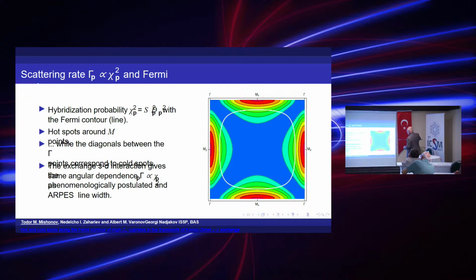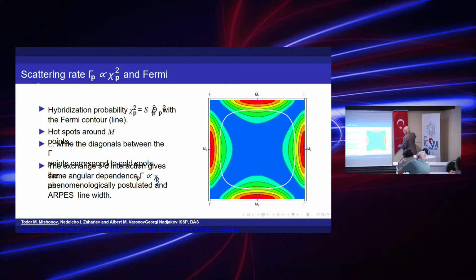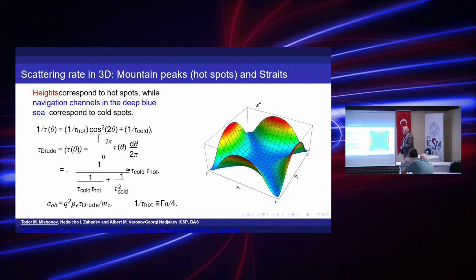So at those places where experimentalists observe hot spots by ARPES, we calculate strong scattering of charged particles. This is our function which analytically describes the scattering rate. This is the Kondo scattering rate, two-channel scattering rate by Kondo interaction, and we have hot spots.